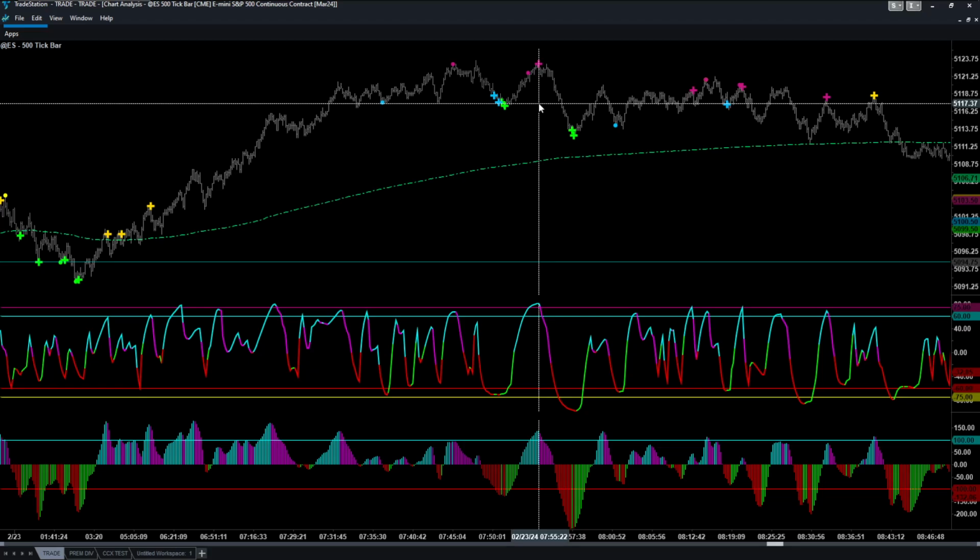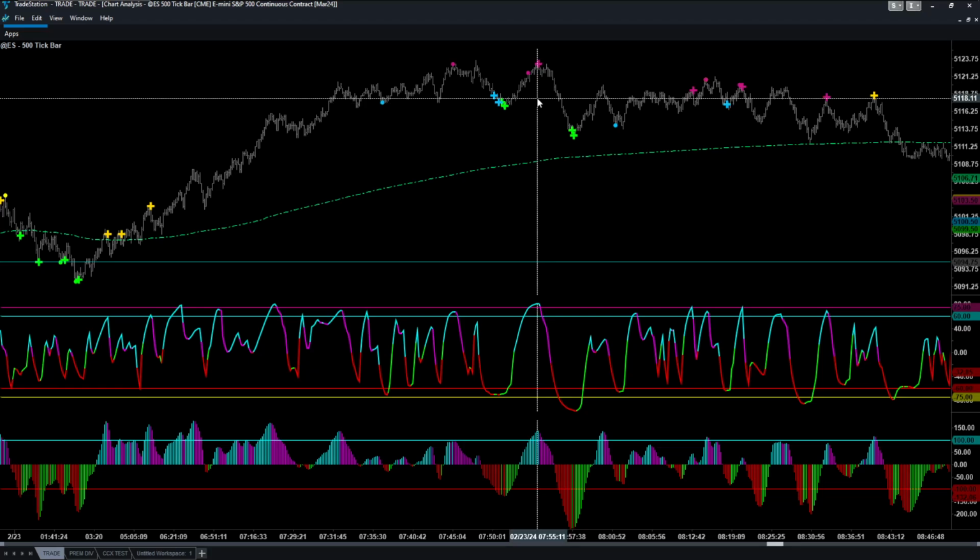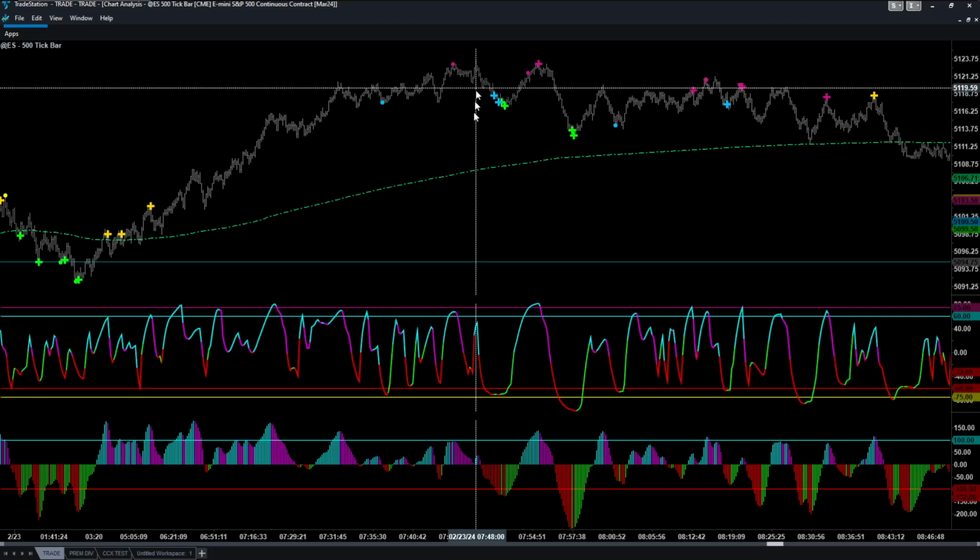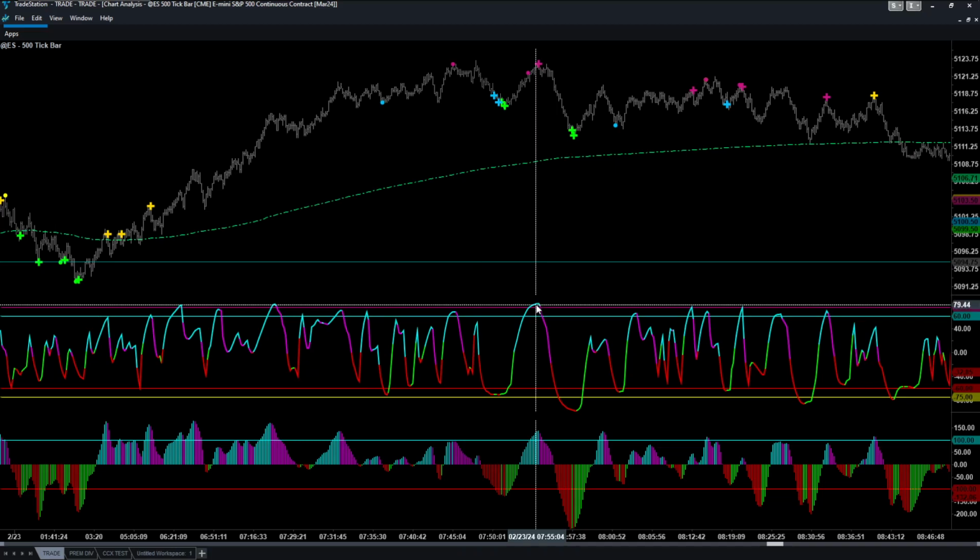We have a higher high on the price, a lower high on the indicator, that's regular divergence. But if we have a lower high here, but a higher high on the indicator, that's reverse divergence, reverse bearish divergence, reverse negative divergence, or hidden divergence. It goes by many names. It's the same thing.